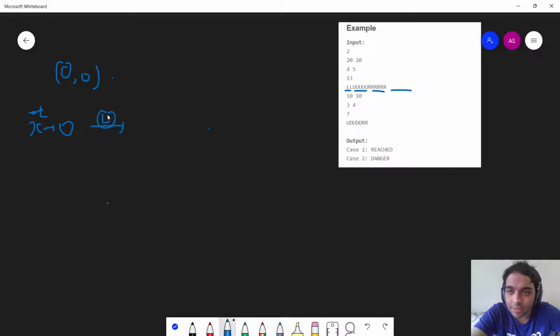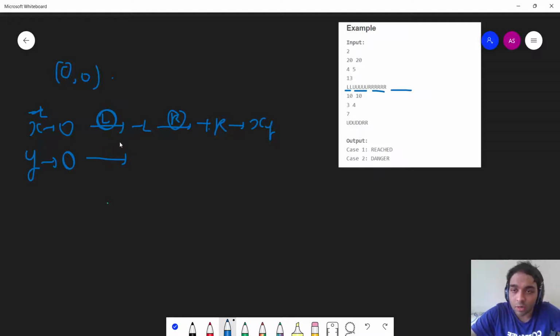So whatever the count of L's is, I can subtract the value of L, and whatever the count of R's is, I can just add the value of R, and then I'll get my final position of X. Similarly, let my initial position of Y be 0, and whatever downs that we have will be treated as minus d, because it will go to minus 1 coordinate and d times, so minus d.